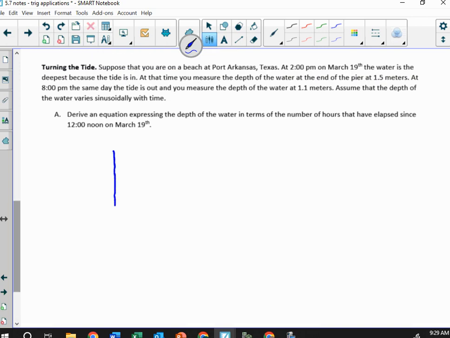So I know the maximum height that this water, or the depth of this water, is 1.5, right? That's the deepest it gets, 1.5 meters. And the shallowest it gets in our little area is 1.1 meters.